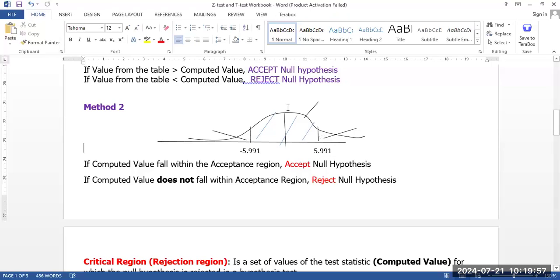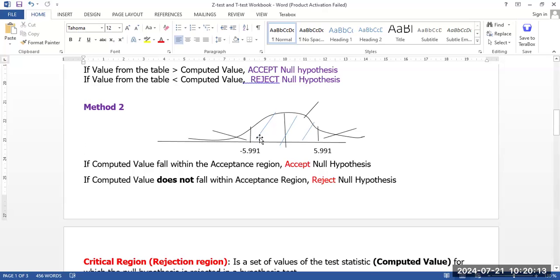So from here to infinity, because this line does not touch the horizontal line, it is 0.5. Then also from here to infinity is 0.5.